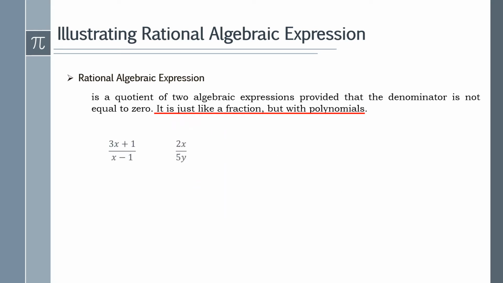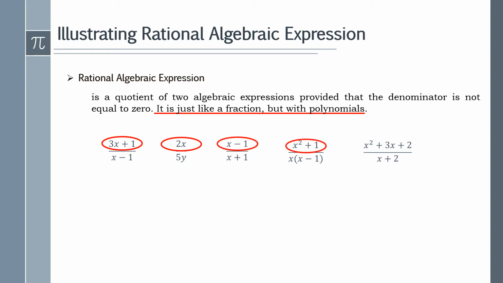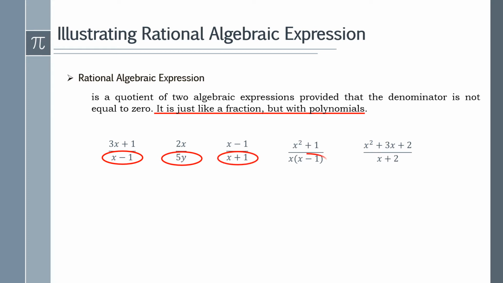So these are examples of rational algebraic expressions. If you notice, class, all that you see above are the numerators, what we saw earlier. Everything on top is a numerator, and everything underneath, all these expressions, polynomials, these are denominators.